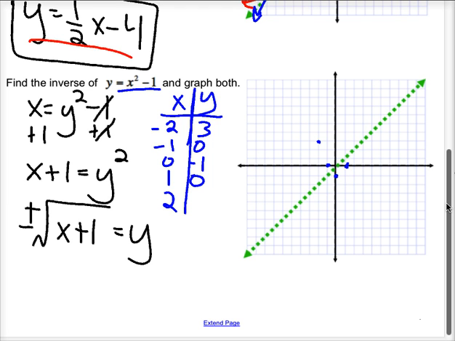And then 2 squared is 4, minus 1 is 3. So notice we're just getting a basic parabola, and that basic parabola is just shifted down 1 unit.